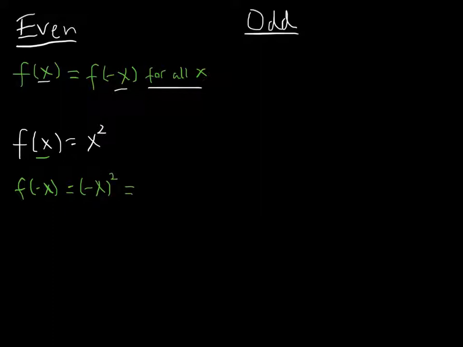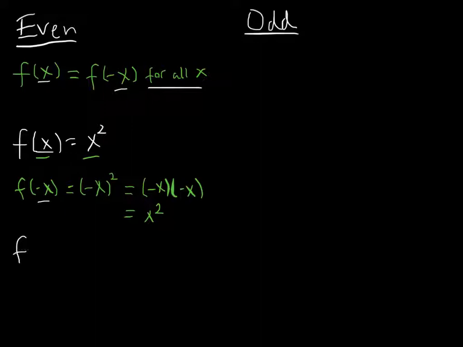And what is that? Well, I'm squaring it, so I'm multiplying it by itself. And here we can think about a negative times a negative is of course a positive, and x times x is x squared, so I end up with x squared, which is just what I ended up with when I plugged in x. So we can see that no matter what, whether I plug in the original version or I plug in its opposite, I'm going to end up with the same thing.